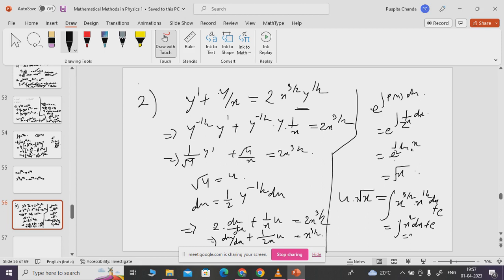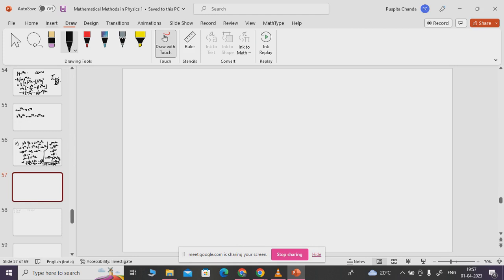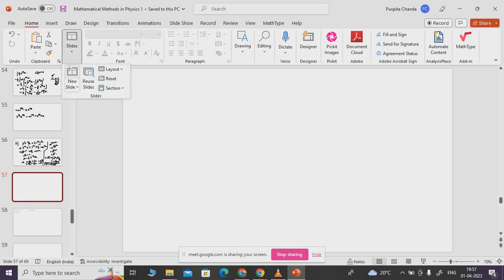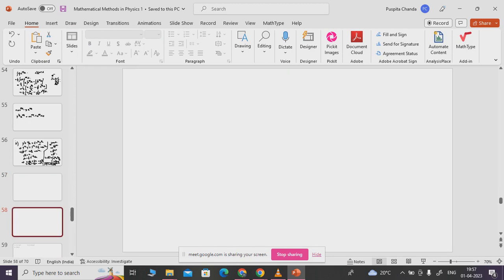It is u into root x equals the integral of x cubed by 2 into x to the power half dx plus c, so it will become 3 by 2 x squared dx plus c, which is x cubed by 3 plus c. U is equal to y to the power half, so root y into root x will become x cubed by 3 plus c.